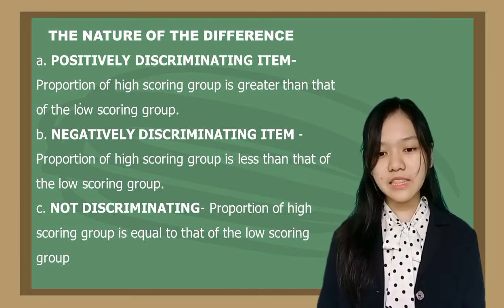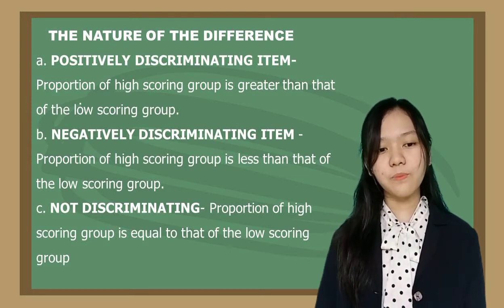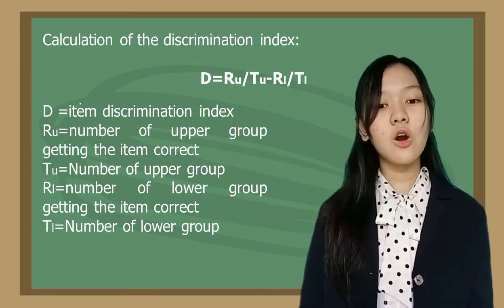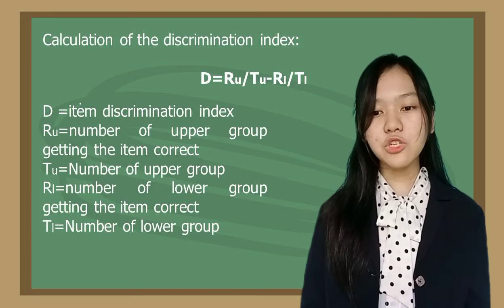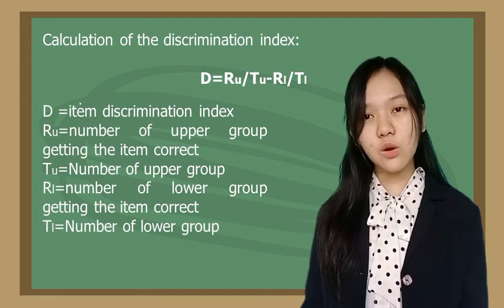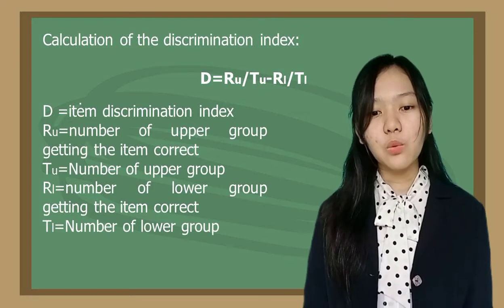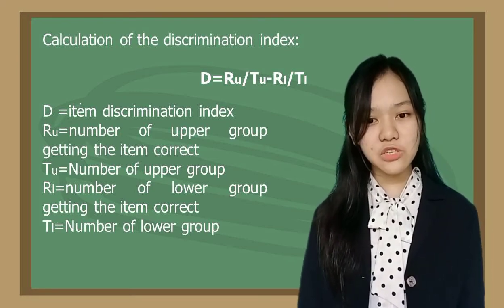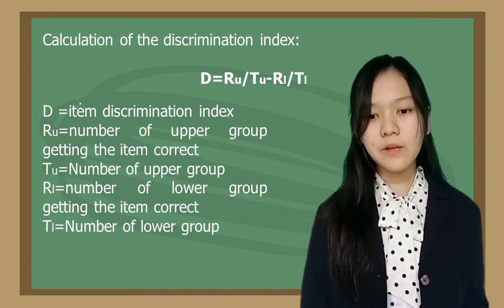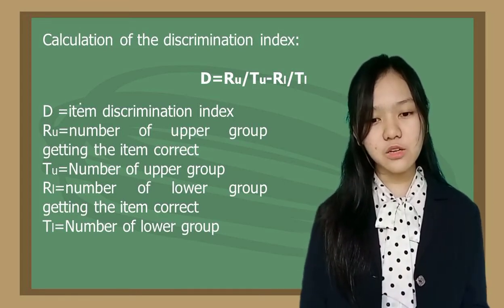For the not discriminating item, the proportion of the high scoring group is equal to that of the low scoring group. So, calculation of the discrimination index requires obtaining the difference between the proportion of the high scoring group getting the item correctly and the proportion of the low scoring group getting the item correctly, using the simple formula, where D is the item discrimination index, RU is the number of the upper group getting the item correct, and TU is the number of the upper group.